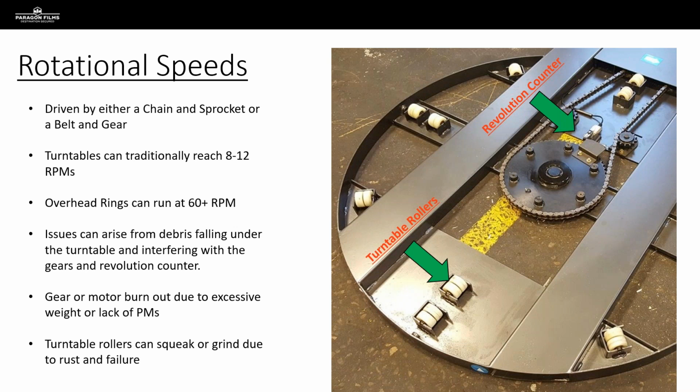So depending on the speed of the rotation of the turntable, you're going to get a certain level of force on the pallet. So lower rotation on the turntable or on the ringer, you're going to get less force onto the pallet, less force of the film on the pallet.